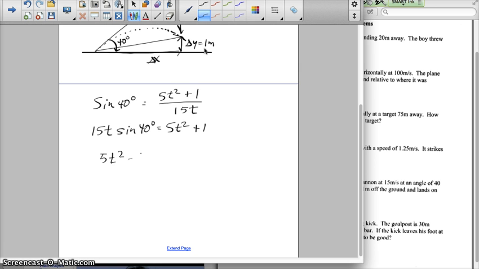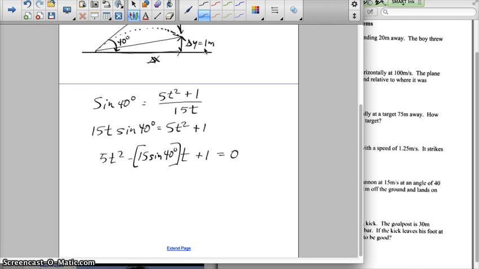So my 5t squared minus 15 sine 40 degrees times t plus 1 equals 0.